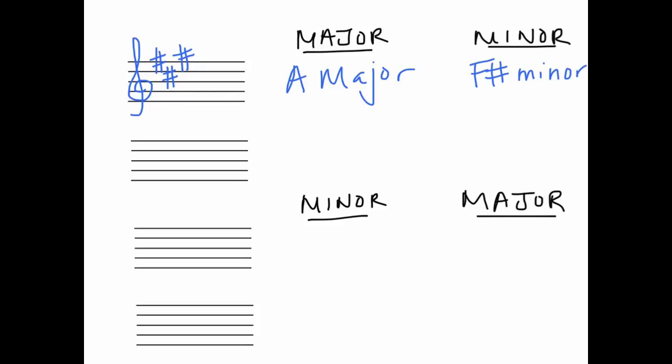Another way you could have done it without thinking about the key signature is just to go back 3 semitones from A, and that would take you to G sharp, G natural, and then F sharp. So you'll get the same answer. Let's try B flat major.